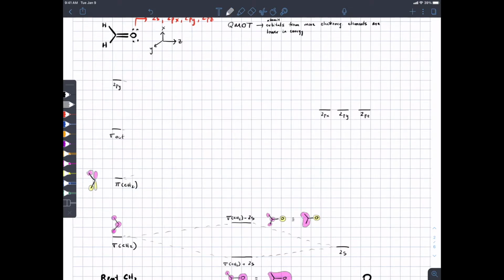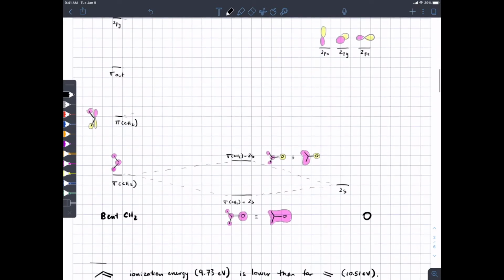Our available orbitals are the 2px, the 2py, which is coming out of the page, and the 2pz, which is going left and right. So we want side-by-side overlap with our pi CH2. The best candidate for that is the 2px. All right, so we'll add those together.